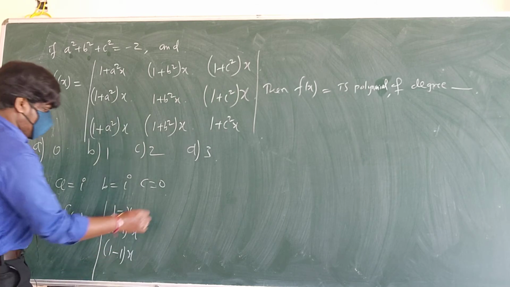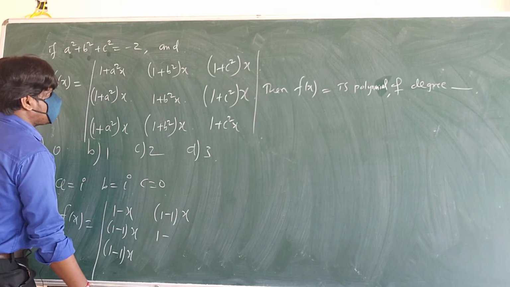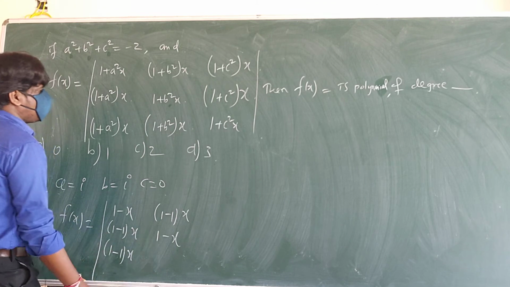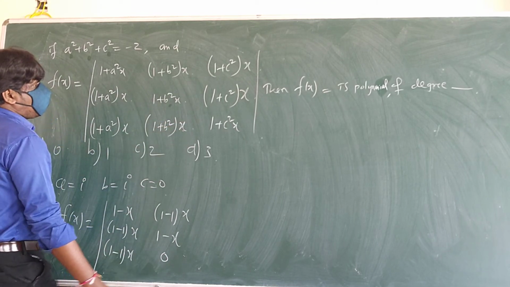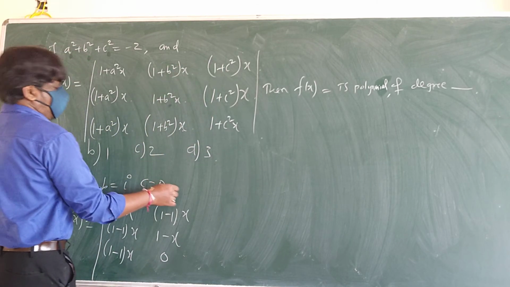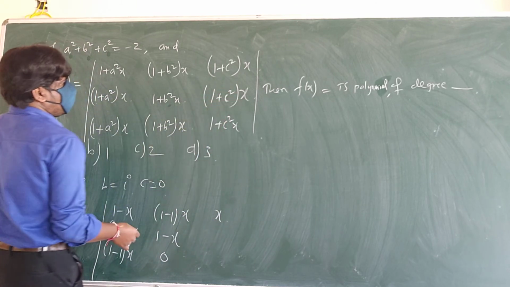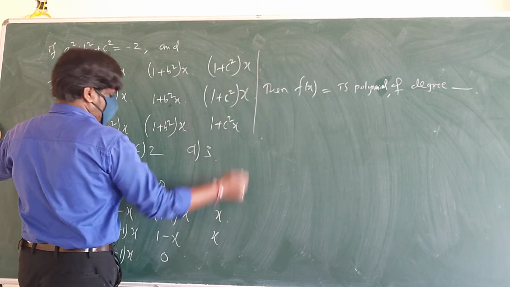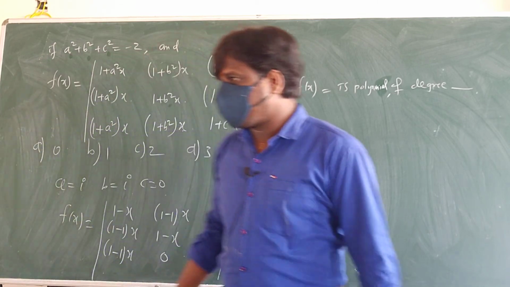Here i square is 0, so 1. Correct? Am I right? Yes sir.